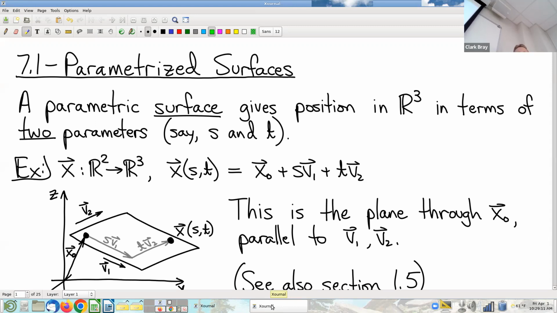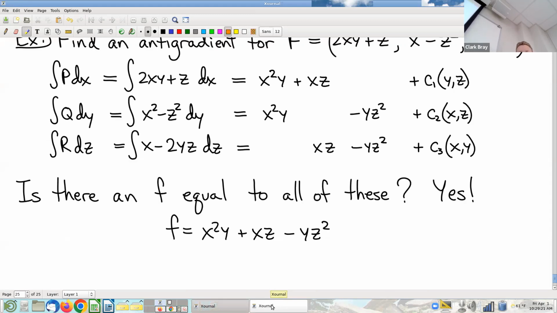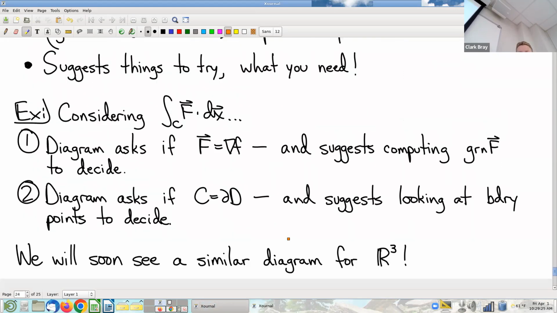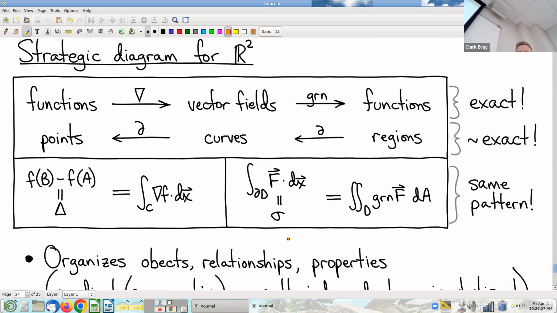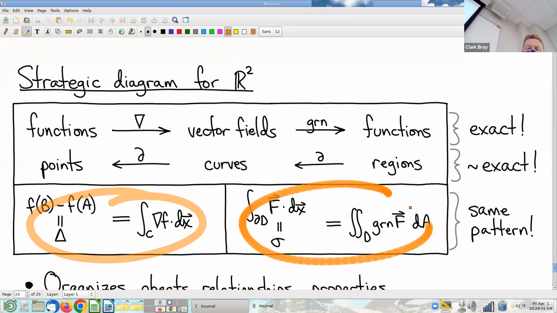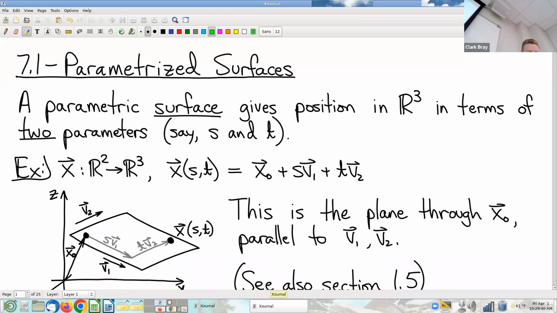So we're going to be doing the same thing here in 3 dimensions, and we're going to find 3 accumulation theorems in 3 dimensions, kind of like how we found 2 accumulation theorems in 2 dimensions. In fact, let me go back to this diagram here. Okay. All right. But we've got to build up some tools first.